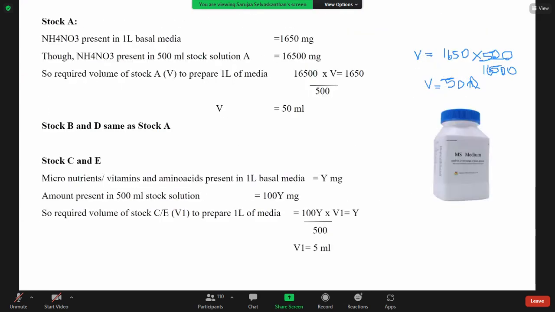Then when we calculate according to this step, the required volume is 50 milliliter for B and D, right?